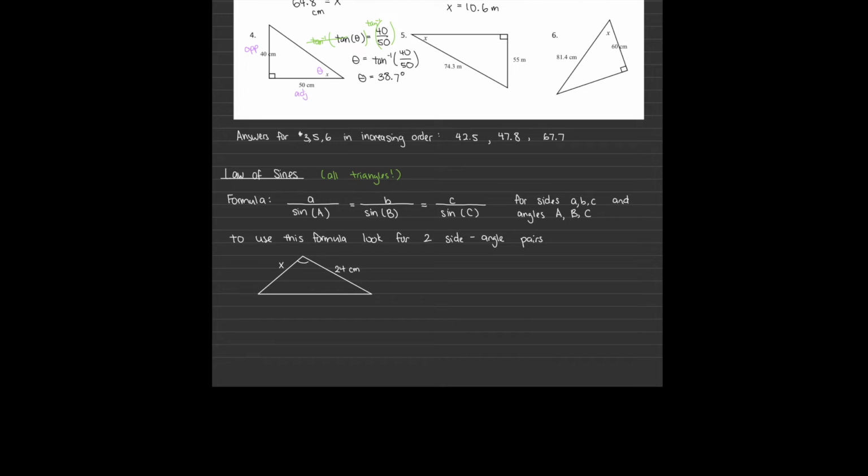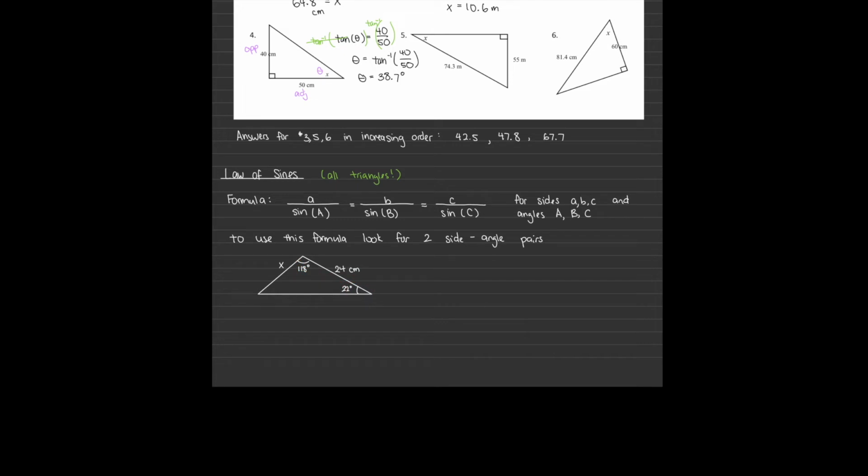We know that this angle is 118 degrees, and we know that this other angle down here is 22 degrees. And so how do we find our missing side x? All right, what do I mean by two side angle pairs? Well, here I have my angle 22, and it matches with side x. That's awesome.